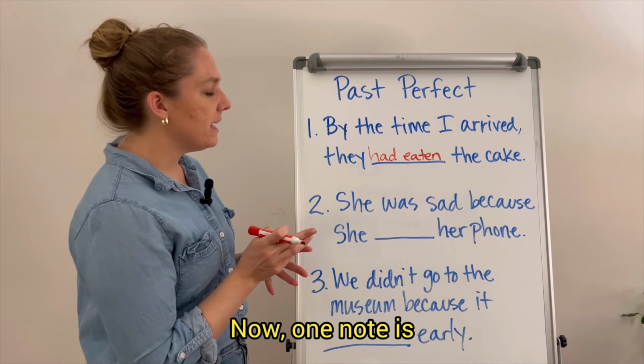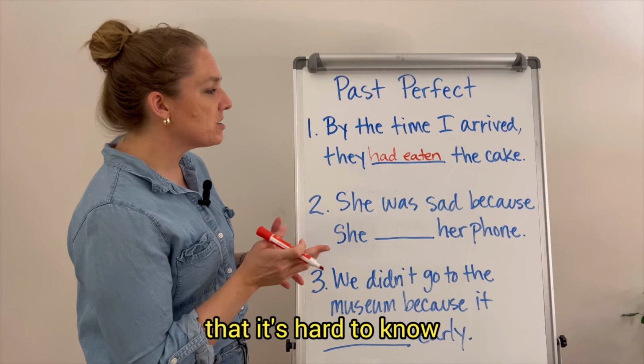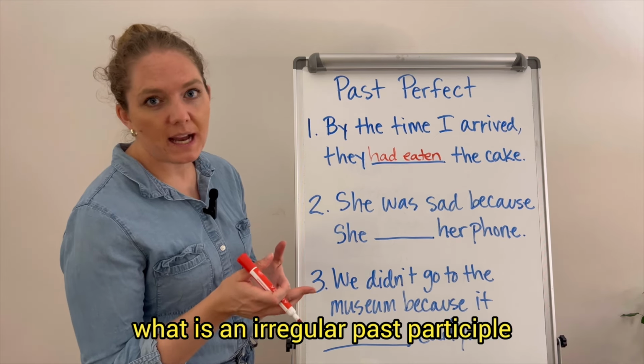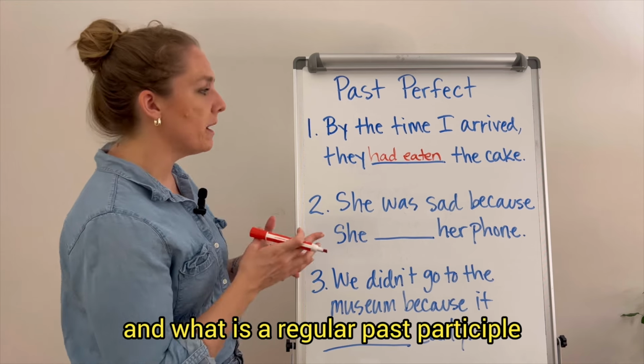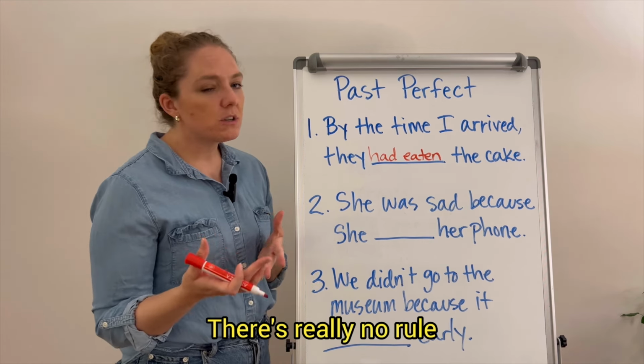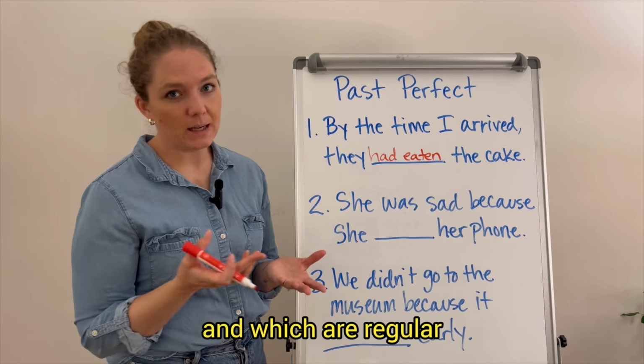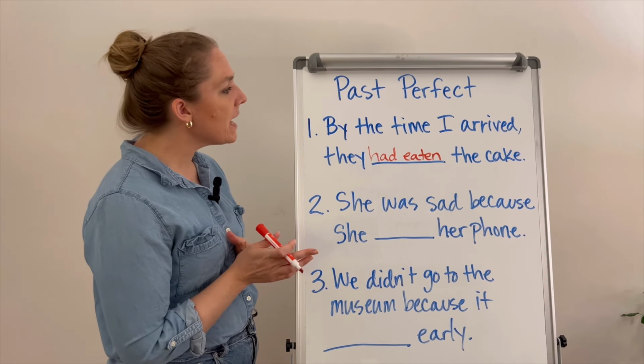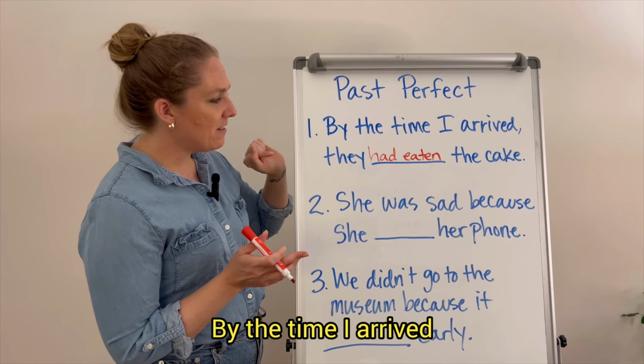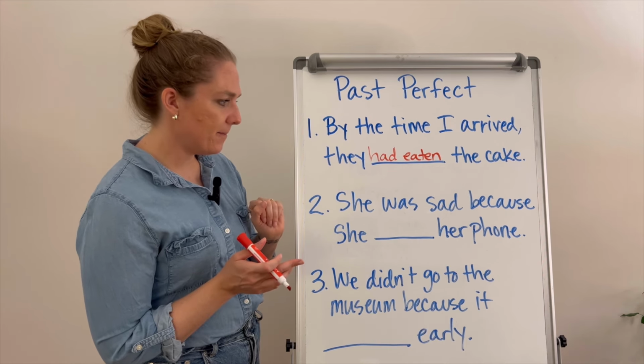Now, one note is that it's hard to know what is an irregular past participle and what is a regular past participle. There's really no rule. You just have to memorize which are irregular and which are regular. By the time I arrived, they had eaten the cake.